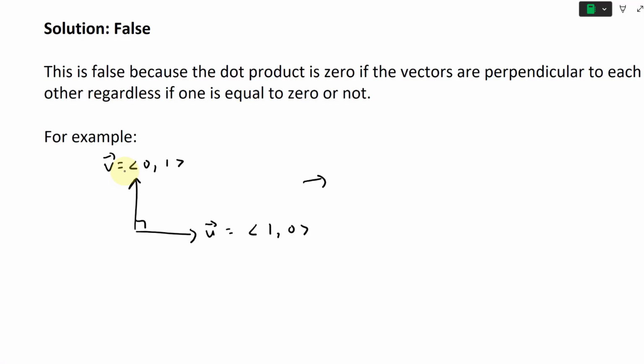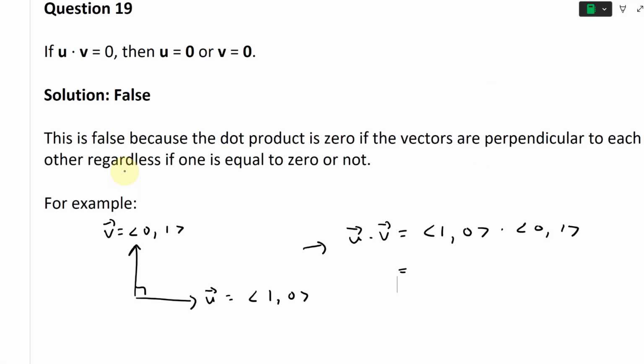Thus, u dot v equals (1, 0) dot (0, 1). We multiply the components and add them up, and we get a scalar. So 1 times 0 is 0, plus 0 times 1 is 0.